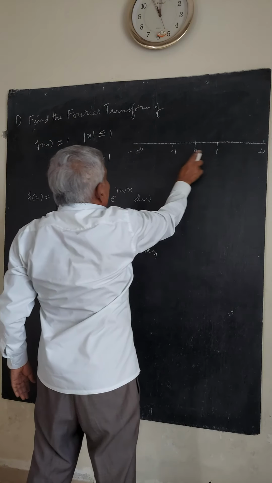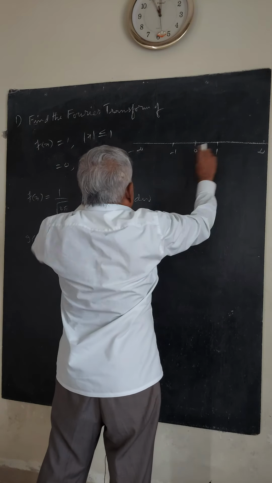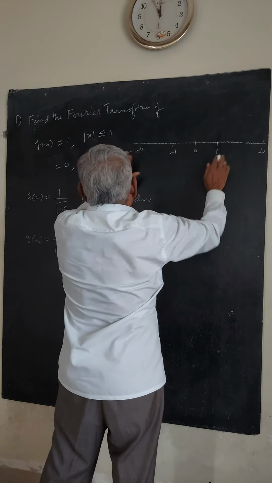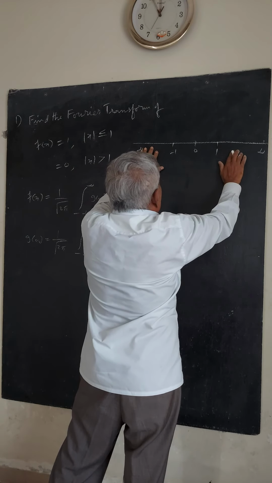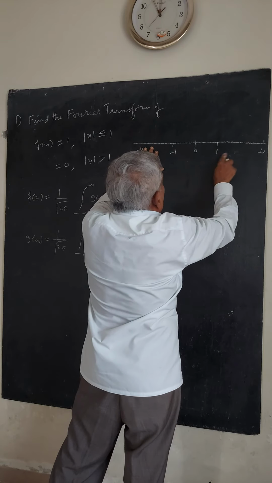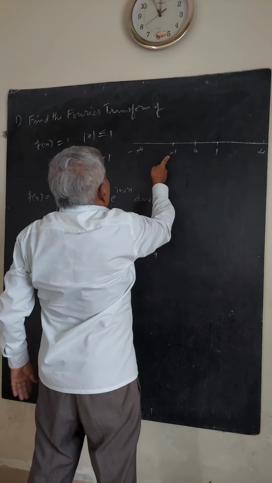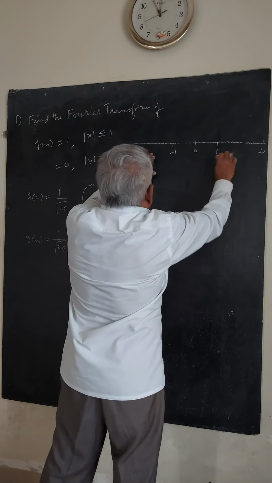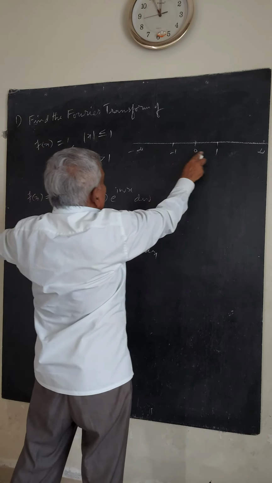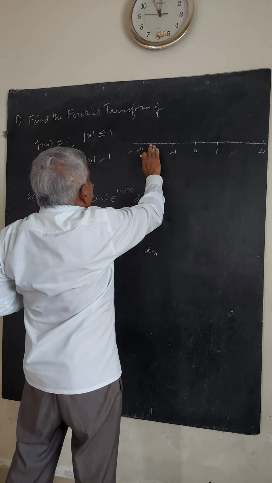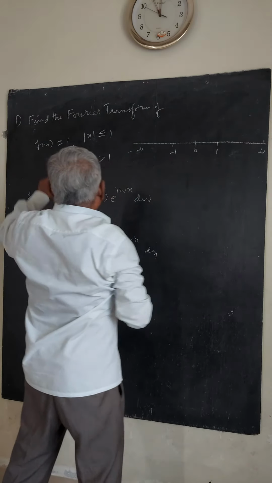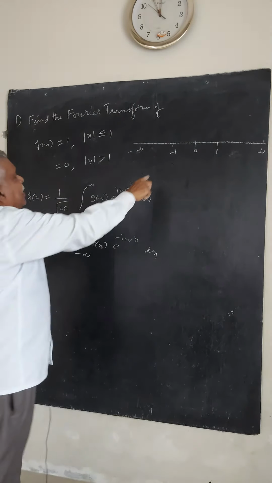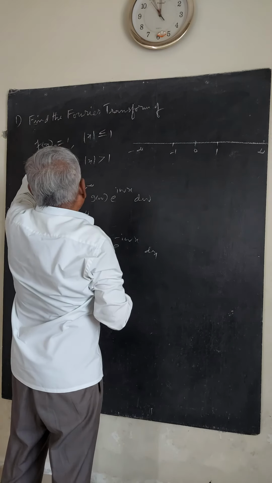These two places, 1 to infinity and minus 1 to minus infinity, are the remaining areas, and minus 1 to 1 is this region. In these remaining areas, f of x is 0. But in minus 1 to 1, the function is 1.